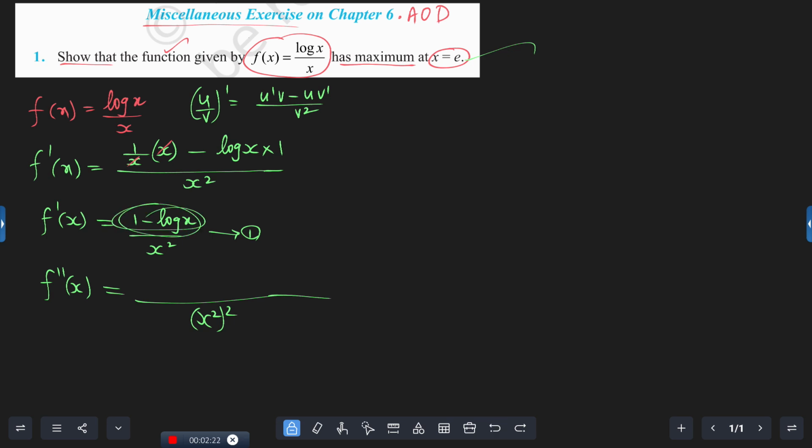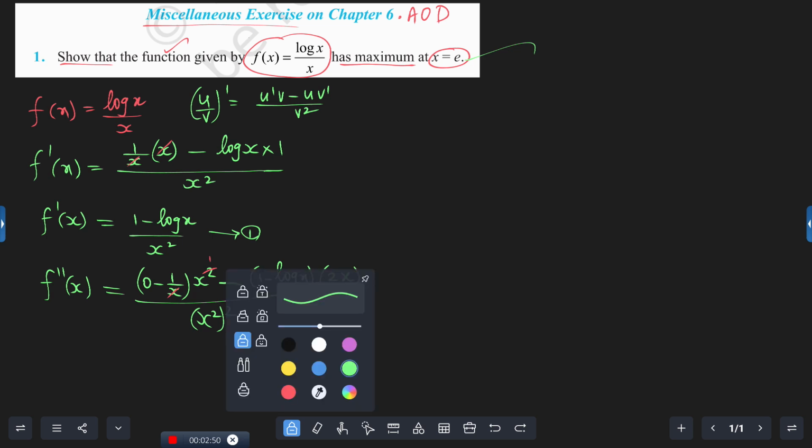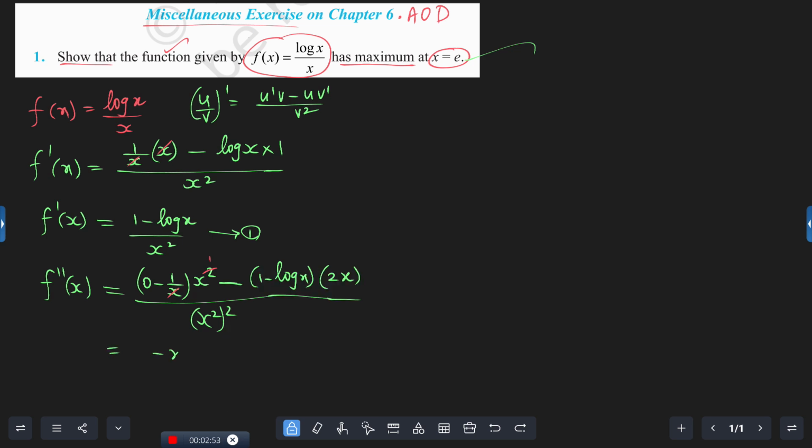Numerator we have to differentiate: derivative of 1 is 0, minus log derivative 1 by x into v, x square, as it is. Minus, 1 minus log x written as it is, and the derivative of the denominator x square is 2x. Now we can cancel: 1 x will cancel, remaining 1, and minus (1 minus log x) into 2x divided by x power 4.